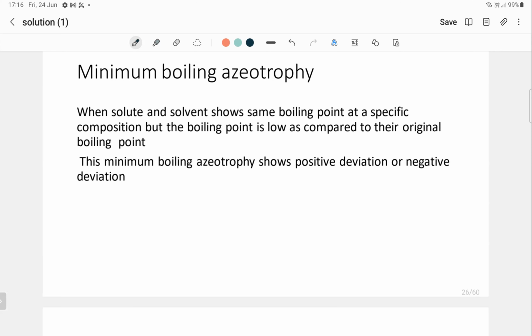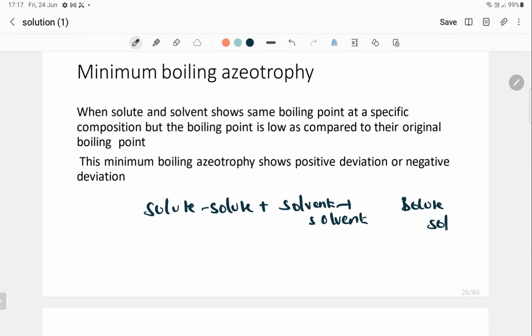So see, your solute and your solvent will be there. So how is it a positive deviation?